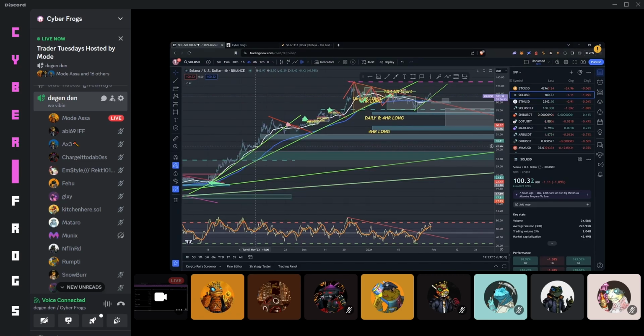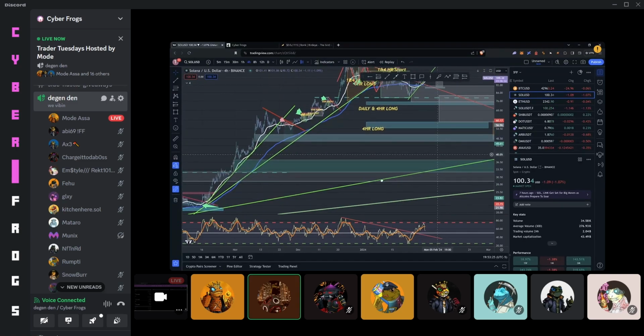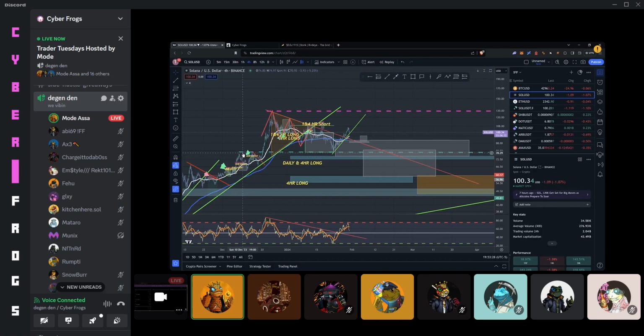And who knows? Maybe this is just wishful thinking. Maybe we do hit that 125. I don't know, but no, for sure. But if you look, what was our resistance? Resistance became support, right? We formed a new resistance, and then look how that worked as support, damn near perfect.